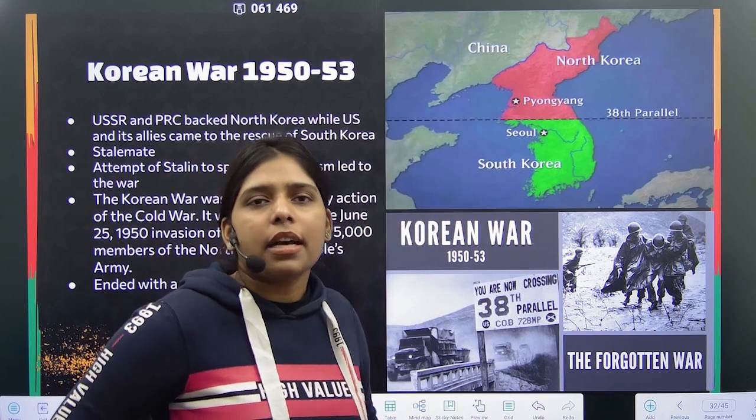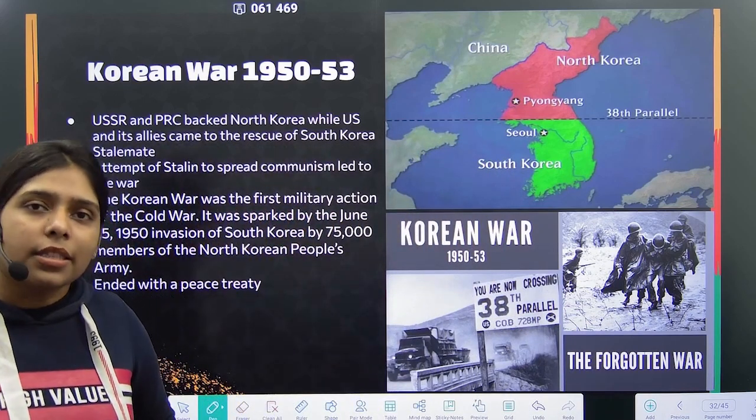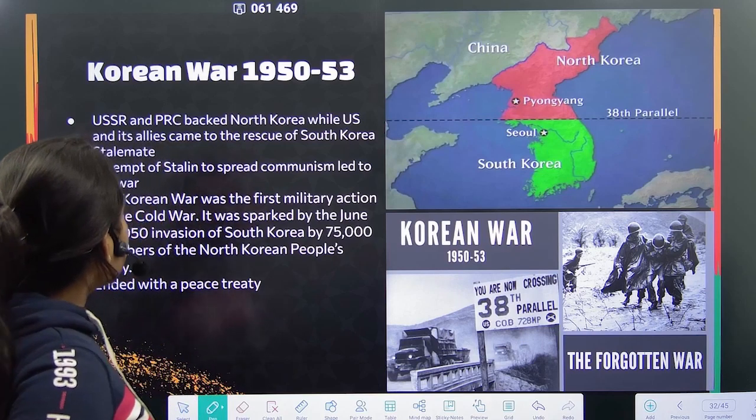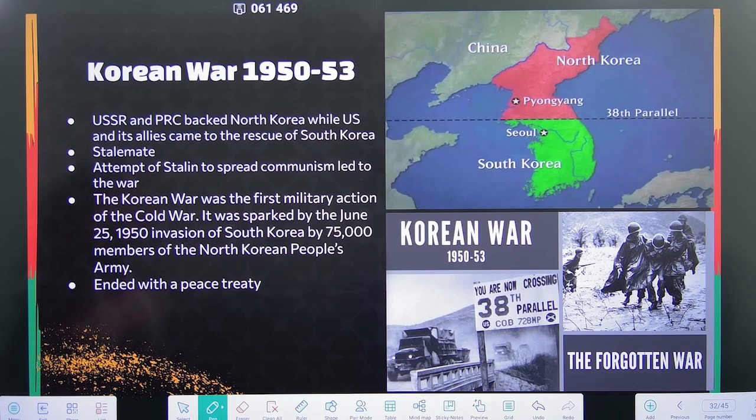North Korea and South Korea are separated by the 38th parallel. USSR and now China also stepped in. So USSR and People's Republic of China backed North Korea, while US and its allies came to the rescue of South Korea. Okay, the war did not result in anything.